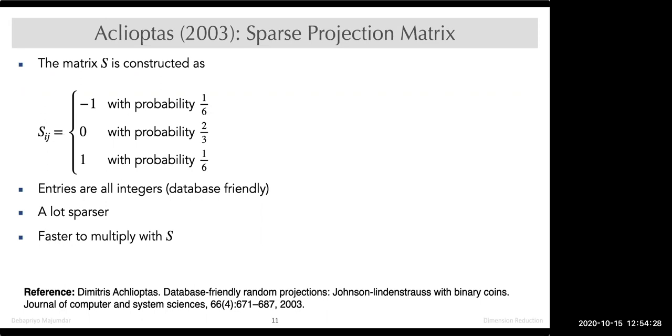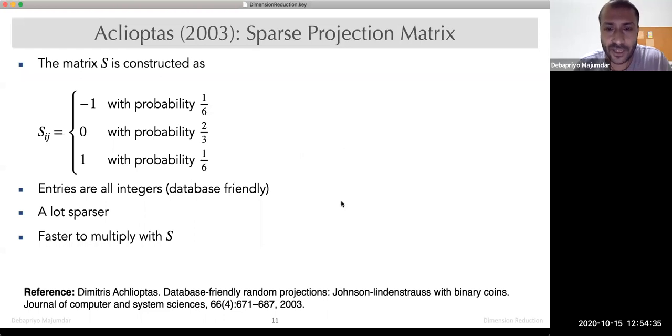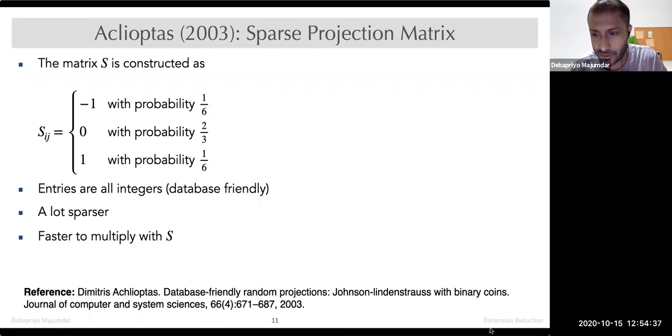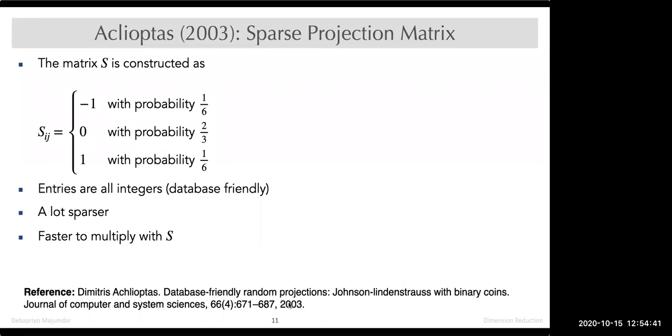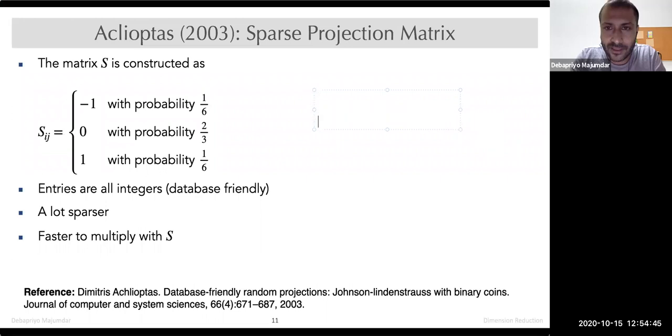Sir, can you please explain the second point? How is it a lot sparser? How does this matrix actually look? Let's write one such matrix, R cross n.